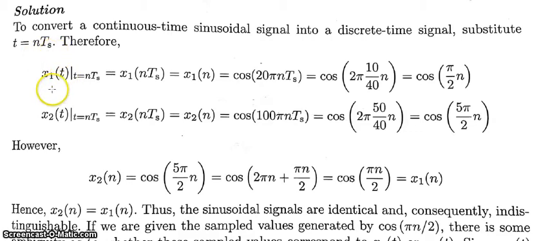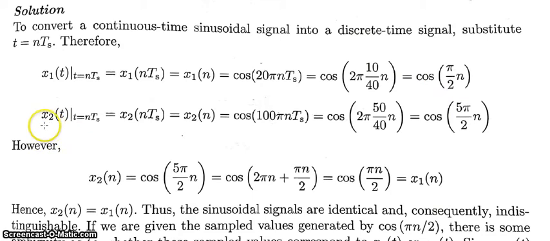Okay, so the first signal x1 of t at t equal to n Ts is x1 of n Ts, or in short we represent it as x1 of n, and that is equal to cos 20 pi into n Ts, and Ts is 1 by 40. So it is cos 2 pi into 10 by 40 into n, and cos pi by 2 n.